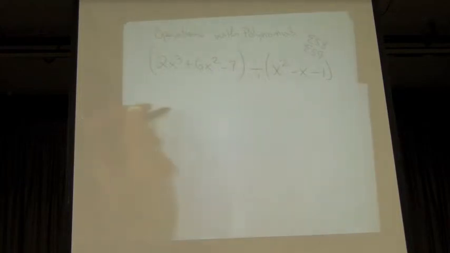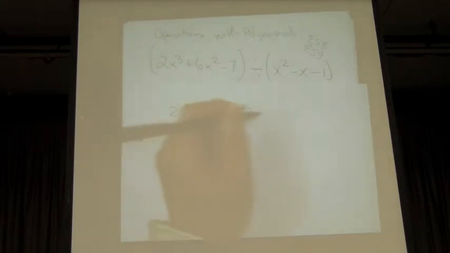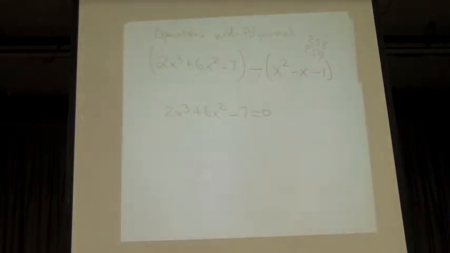And if we did it on essential standard number 8, if you were trying to solve this problem synthetically, what would you have done? 2, 6, 0, negative 7. Beware!